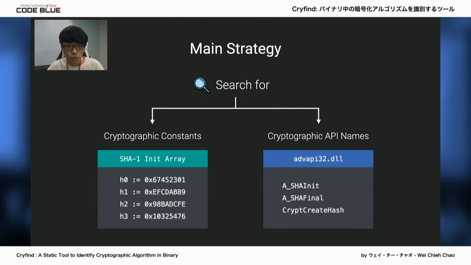If malware chooses to implement the cryptography algorithm by itself, we can search for cryptography constants in the binary. But some malware may choose to use an existing cryptography library. That's why we also search for cryptography API names in the binary.